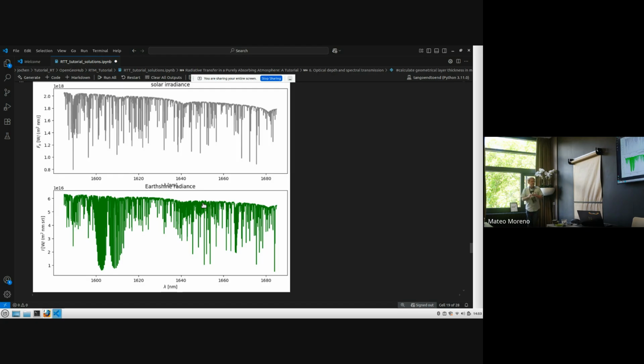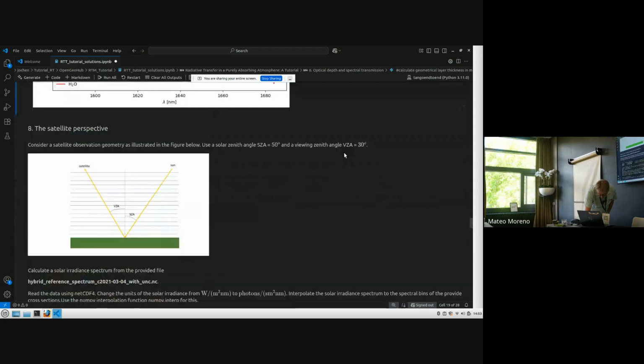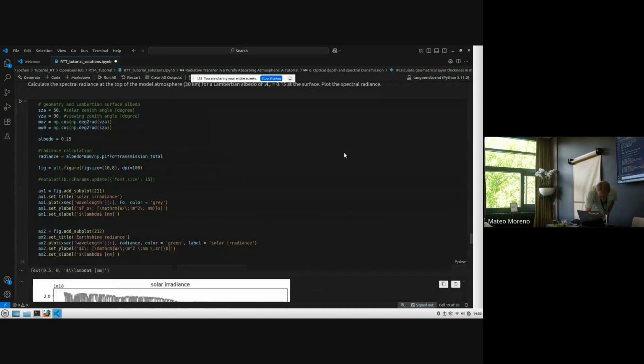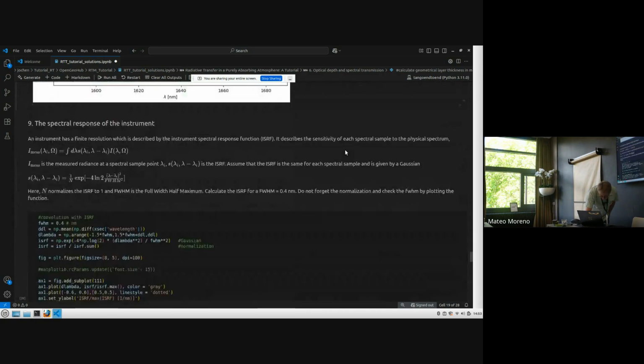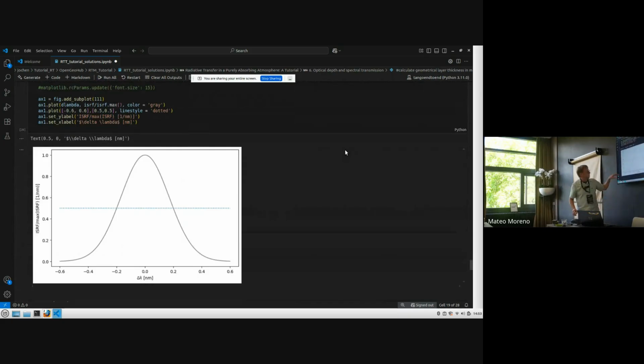And this is something we do here when we say this mixing is described by an instrument spectral response function. It is just a blurring function here, Gaussian, which blurs the spectrum and so describes this mixing of light in our instrument. So what you have to do finally is to convolve your spectrum with that response function.